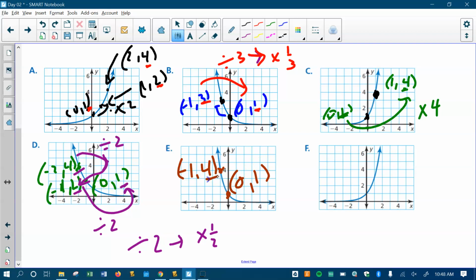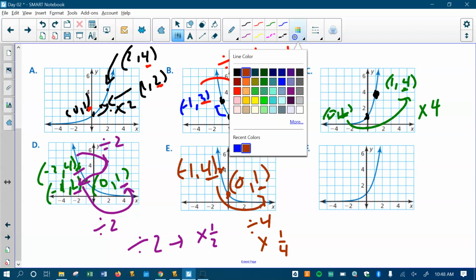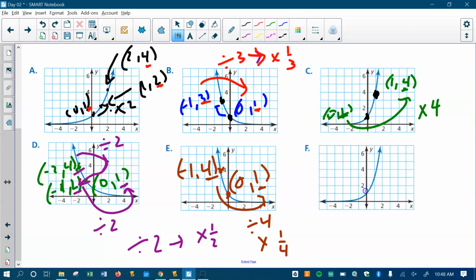And to go from one y value to the next y value, I ended up dividing by 4, or multiplying by 1/4. And then finally for the last one, let's pick a different color here. I have this point, which is again 0, 1. And then I have another one, which is 1, 3. And to get from one y value to the next one, you have to multiply by 3.